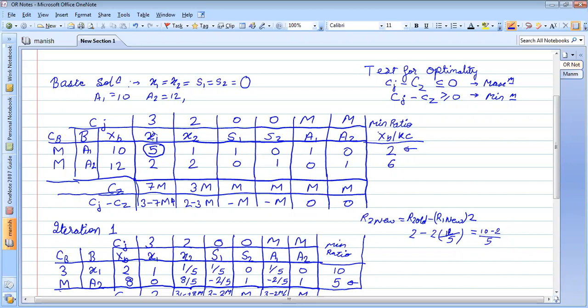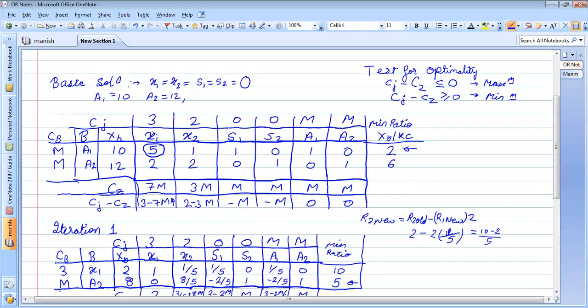For that, we calculate the minimum ratio. Minimum ratio is XB divided by KC. What is XB? XB is the value of the basic variable, divided by KC. What is KC? KC is the key column. So 10 divided by 5 is equal to 2. Next is 12 divided by 2 is 6. The minimum value is 2.